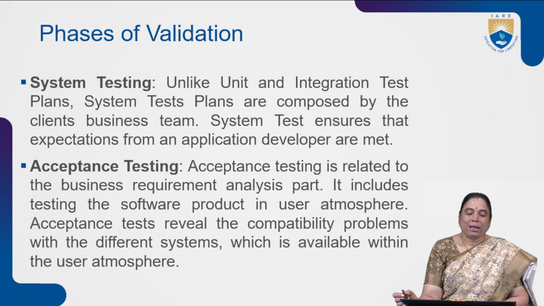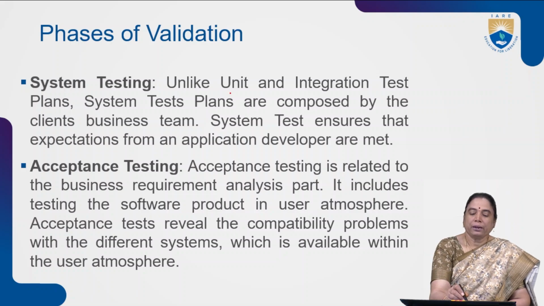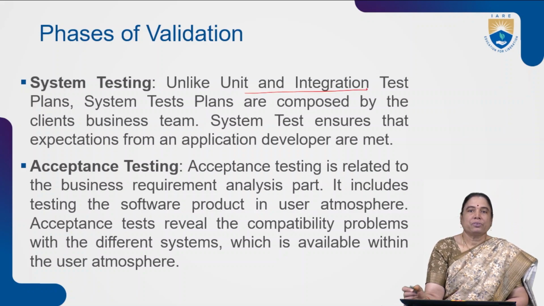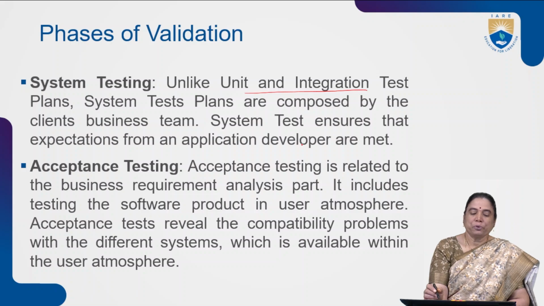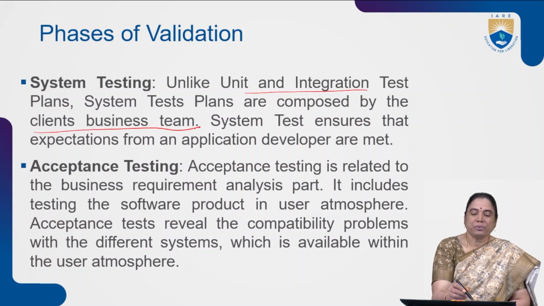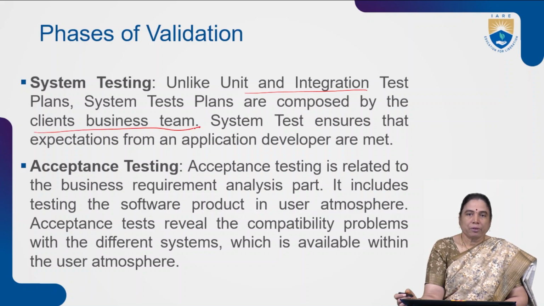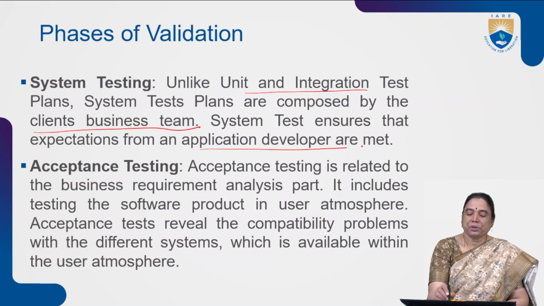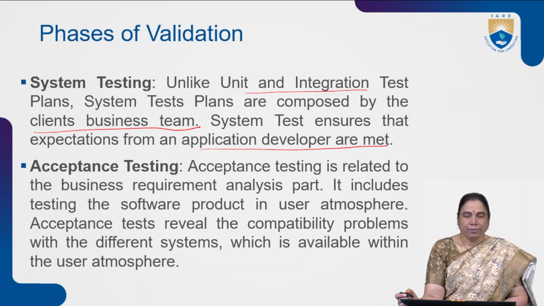The next phase of the validation is system testing. Unlike unit and integration testing, system test plans are composed by the client's business team. So system testing ensures that the expectations from the application developer are met or not. Acceptance testing is the next phase.